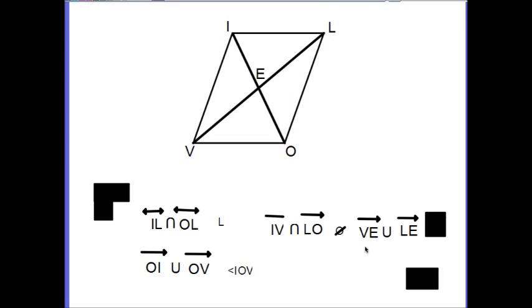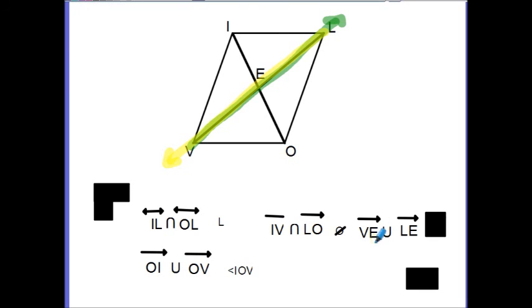We have the union between ray VE, which does continue through L, and ray LE. Ray LE starts at L and goes towards E forever. We want their union. We want everything included.